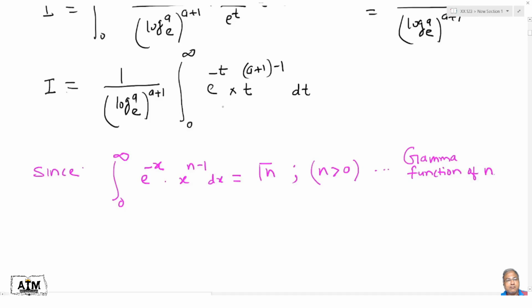Now comparing this with standard gamma function of n. So here e raised to minus t, here e raised to minus x, here is n, and in place of n there is a plus 1 and here is a minus 1, here is also minus 1. So the given question is in standard gamma function.